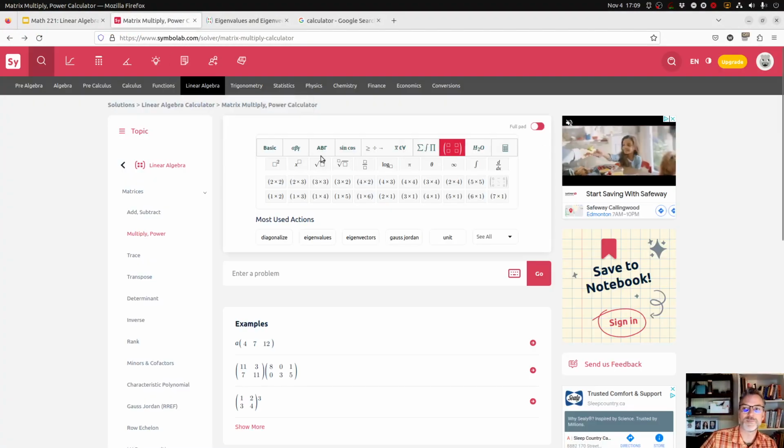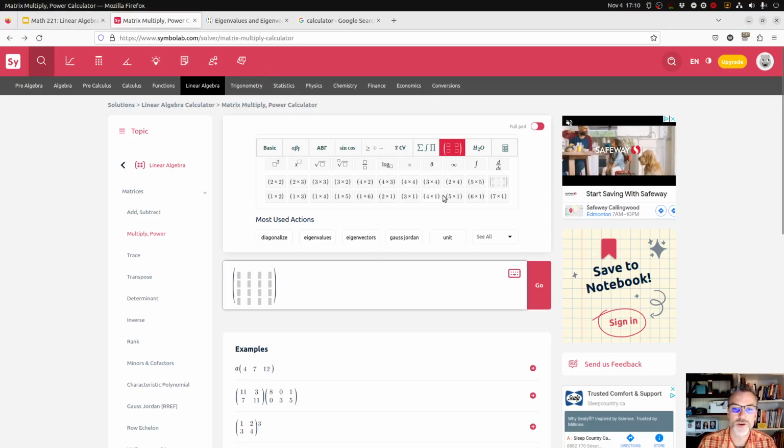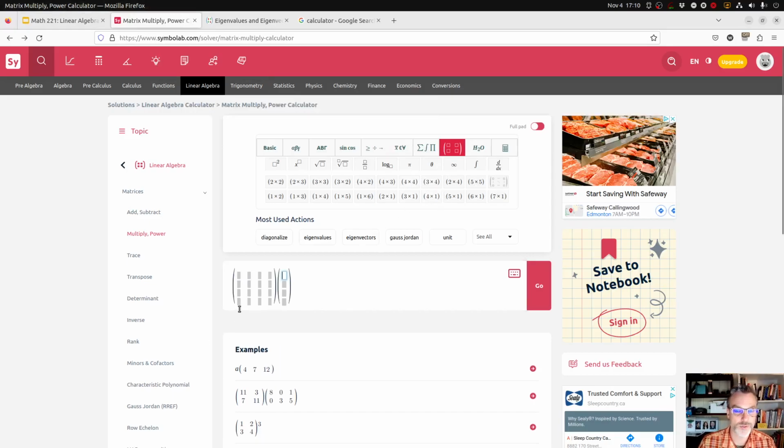So we can just go to any online calculator. Here I'm just pulling up Symbolab. And I can see how such a matrix would work, how the population would change over time. So I have just the matrix.